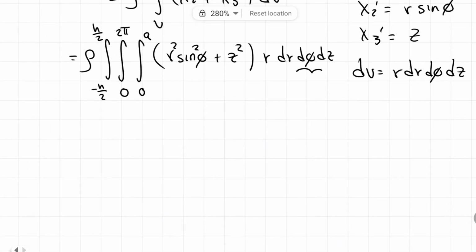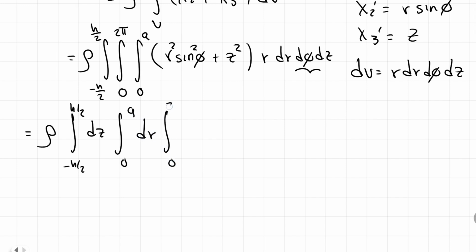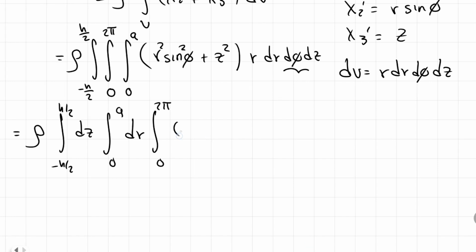Okay, so to solve this integral, we are going to start with the differential phi. So we can express this as the density, the integral from minus h over 2 to h over 2 of dz, then the integral from 0 to a of dr, and then the integral from 0 to 2 pi of r squared sine squared of phi plus z squared d phi.